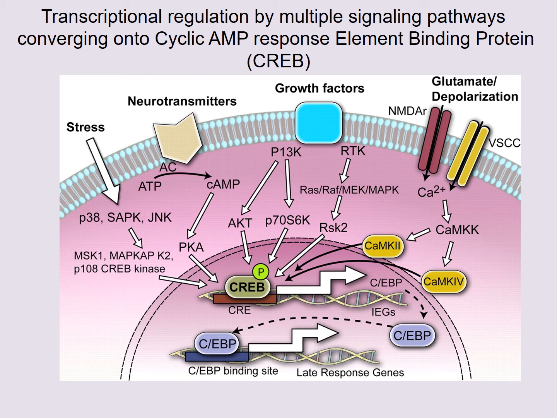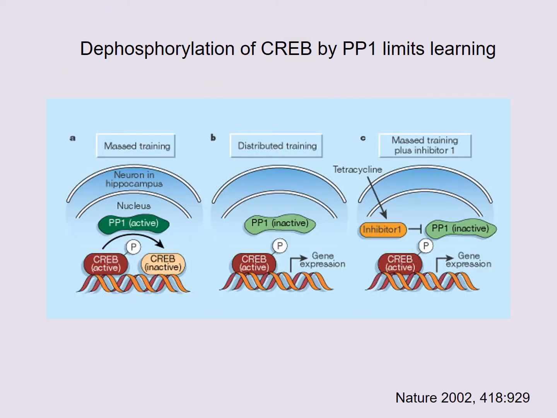Then we also have CaM kinase 2 that we talked about, with some of the isoforms of CaM kinase 2 activated by calcium, which can go into the nucleus and lead to the activation of CREB proteins. And also the MAP kinase signaling pathway can lead to CREB activation. Now what is illustrated here is that phosphatases as well can come into the nucleus and dephosphorylate CREB to make it inactive.